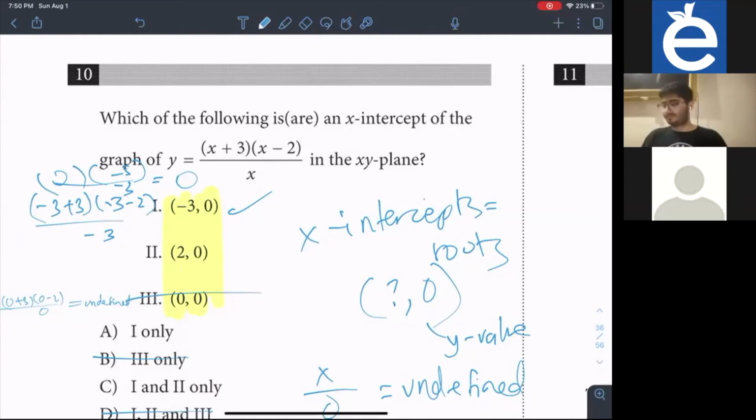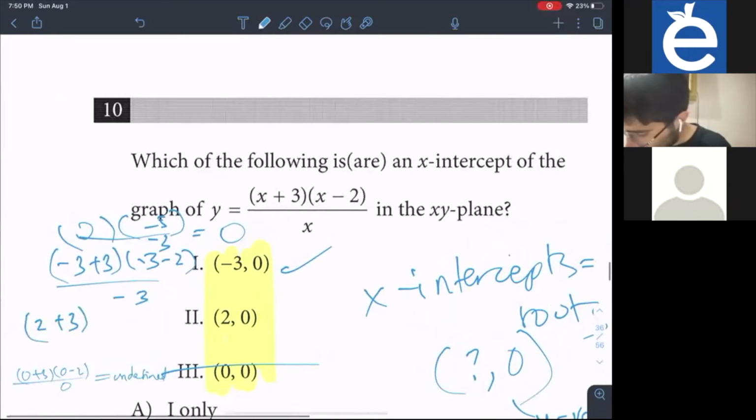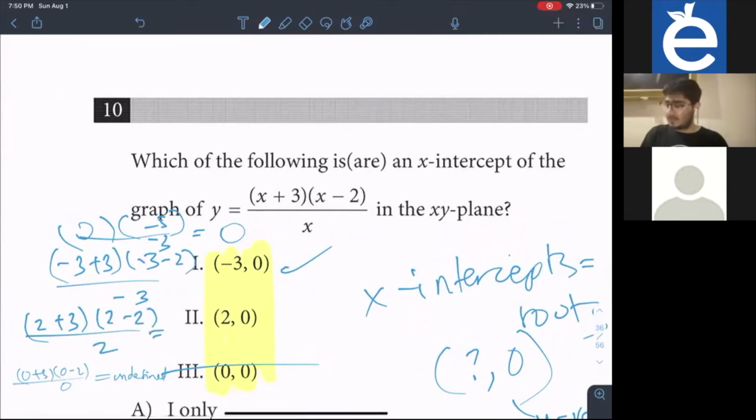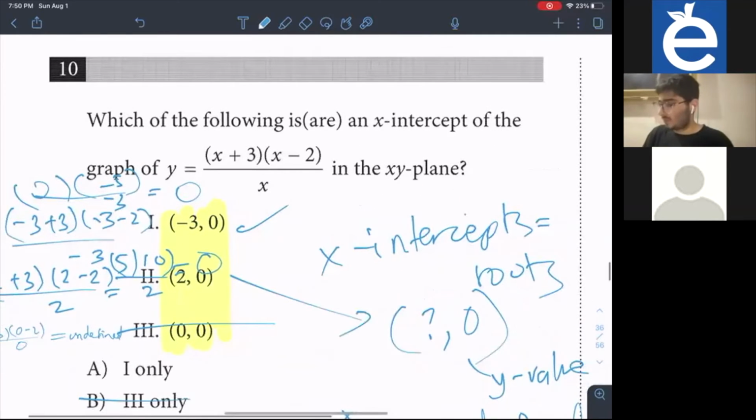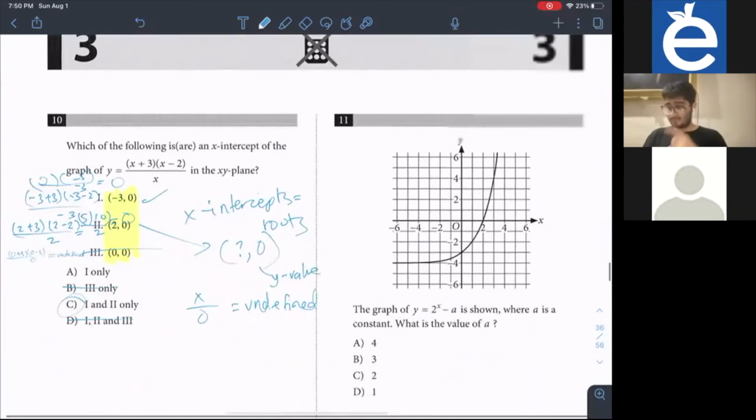Now try 2. Let's do 2. It'd be 2 plus 3 and 2 minus 2 over 2. Anything multiplied by 0 is 0. So it'd be 5 times 0 over 2, which is basically 0, which also matches with what we were saying here. So our answer is choice C for question 10, because you just plug it in and see what the characteristics of the x-intercept are, as stated.